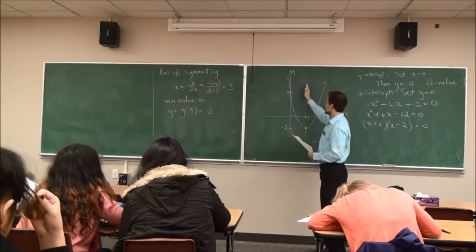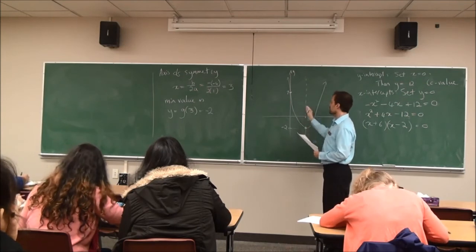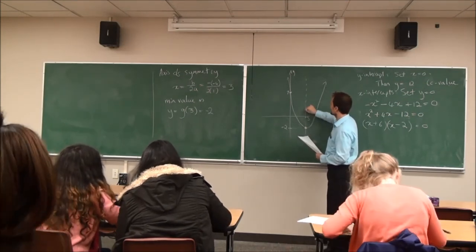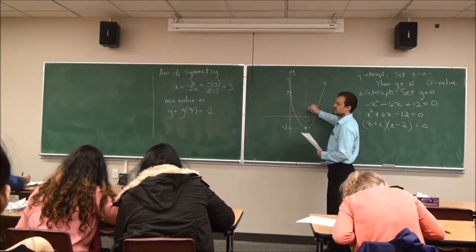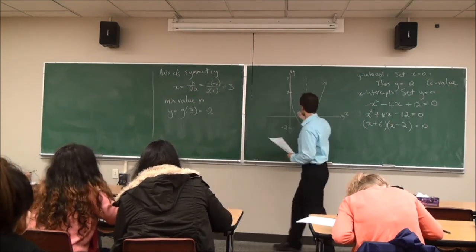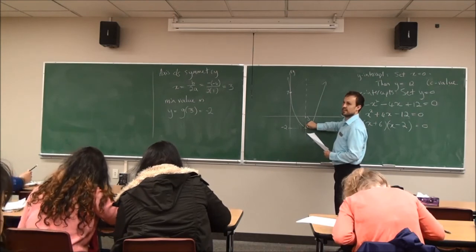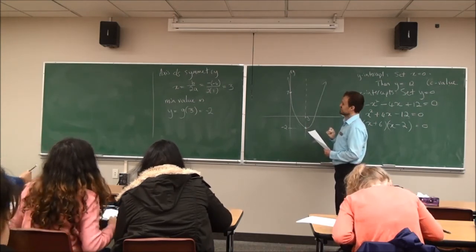It's the x value where this line is. I have to find the corresponding y value to know where on this dashed line my minimum value sits. And it sits where the y value is negative 2, so it sits below here. Okay. You're not happy with that? I'm just a little confused.